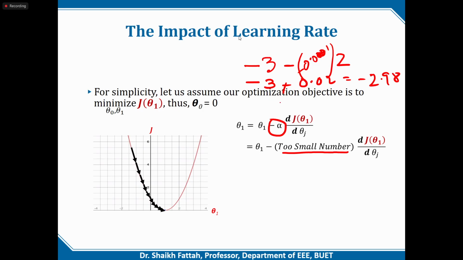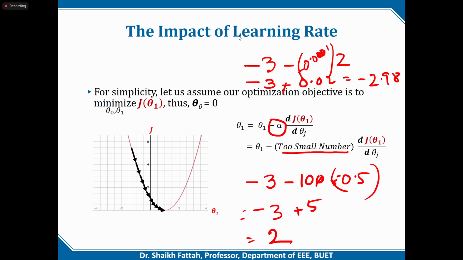On the contrary, if you are taking a very large value of alpha, let's say alpha is 100, and this one is 0.5, so -3, even if it is not 100, let's say 10, it is minus 5. So overall, minus 3 plus 5 is 2. So you jump from minus 3 to 2, and then from here to here to here.